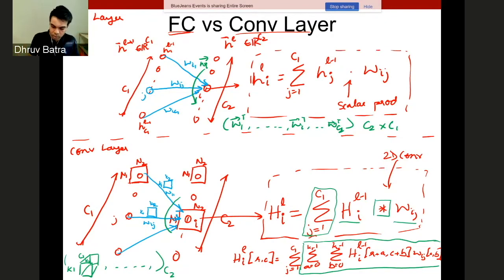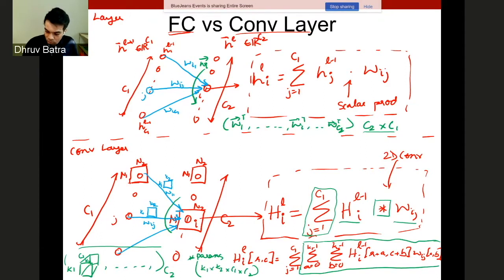Okay. So just to complete our thing, how many such parameters are there? Well, just like there was C2 times C1, now we have K1 times K2 times C1 times C2 parameters. The tricky thing in parameter calculation always is that people tend to forget the bias parameter, and I've ignored that here as well.